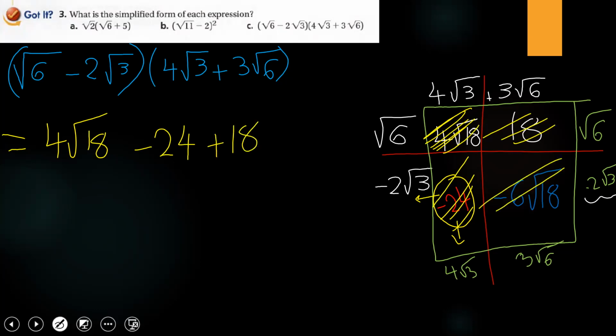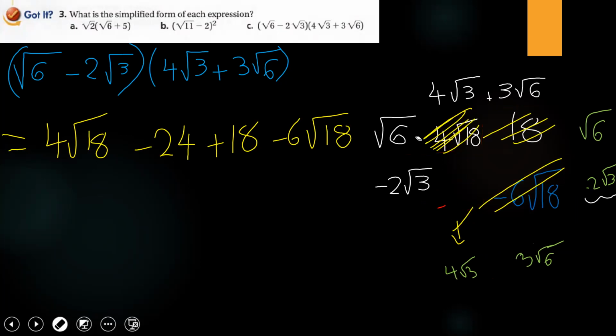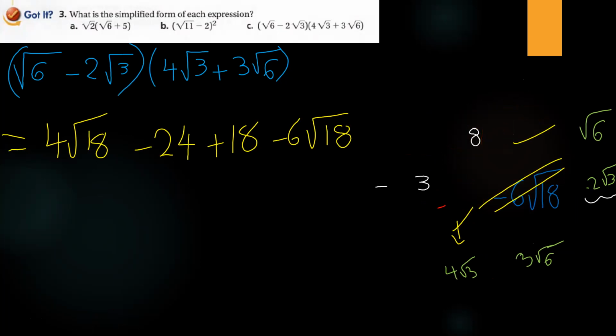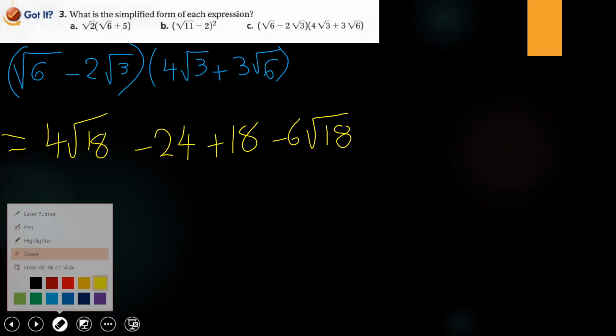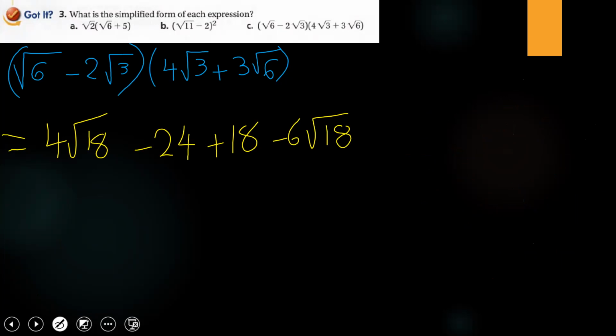Then negative 6 square root of 18. I took the numbers now, I put them outside of the table. After I finish now, let's combine or rearrange the numbers.